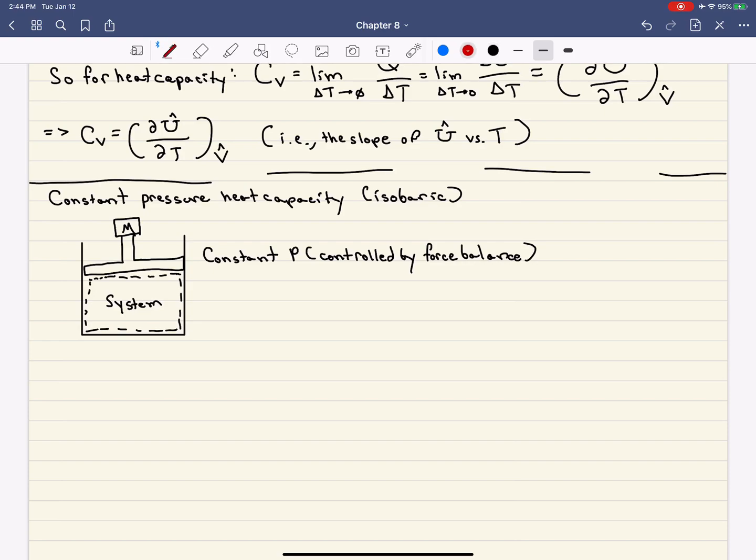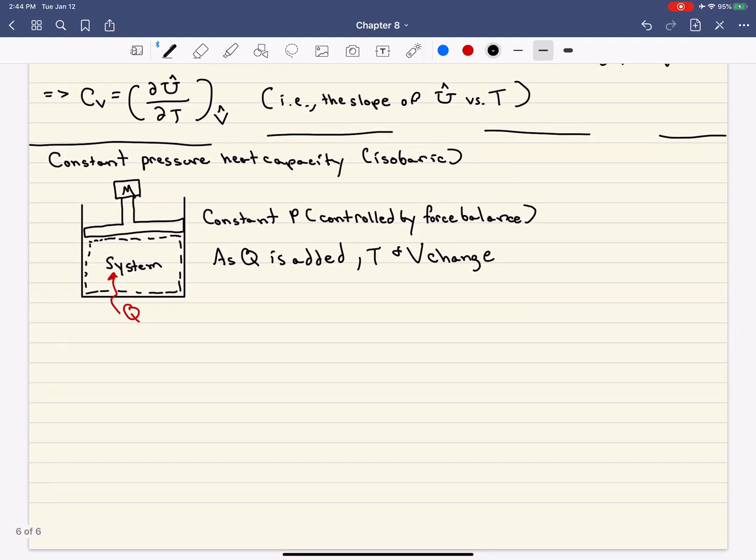To this system, we're going to add some heat. And because the pressure is constant now, that means when we add this heat, our temperature and volume are going to change. All right, the system can expand in order to accommodate the higher temperature of the system, even though the pressure is constant.